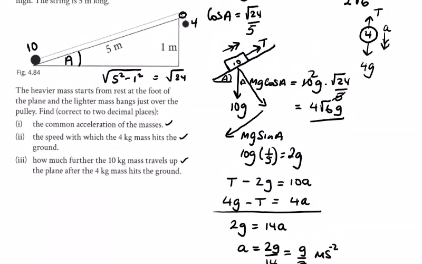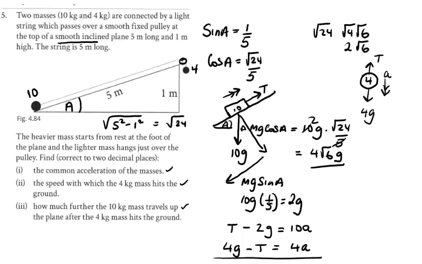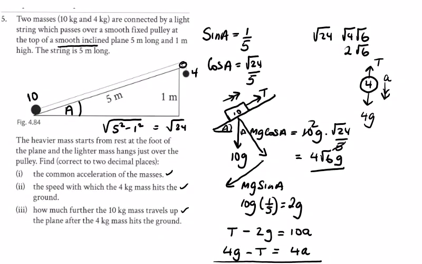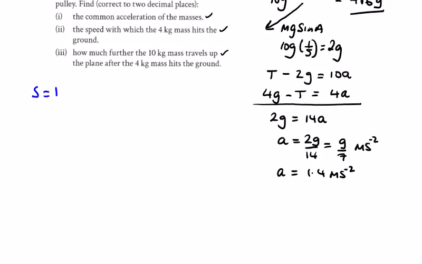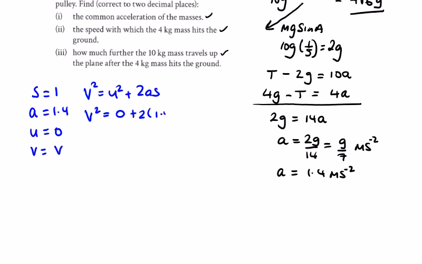Next, the speed with which the 4 kilo mass hits the ground. So just remind yourself, it's 1 meter. Did they say it's exactly 1 meter? The two masses are 1 meter high, yeah, so it's at the top. So we're assuming the S is 1 meter here. No other information. A is 1.4. It starts from rest. We're looking for V, the speed at which it hits the ground. We get it from V squared is equal to U squared plus 2AS. So V squared is equal to U, which is 0, plus twice 1.4 times S, it's 1 meter high.